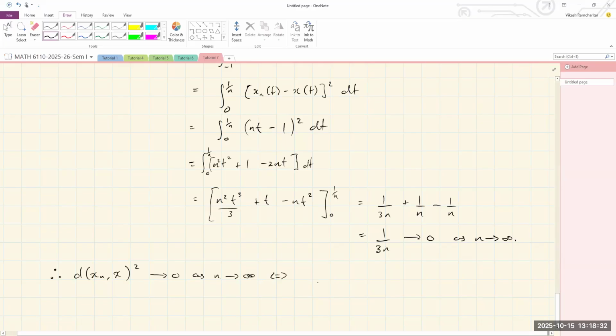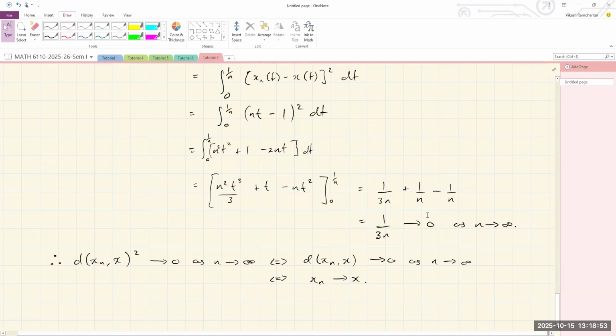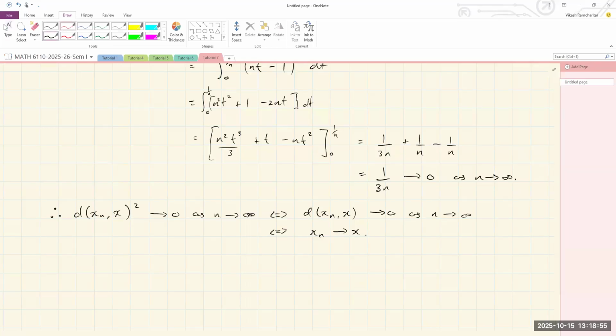And we of course know that also means that the distance, instead of the distance being squared, just the distance, goes to 0 as n goes to infinity, and this is equivalent to saying that the sequence xn converges to x. Well, I shouldn't say it converges because it's convergent where, right? So maybe I can't write that, right?